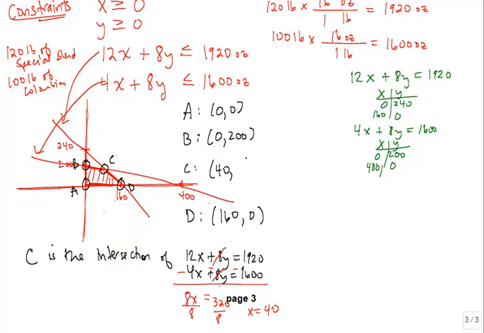Now to find the y value, just take that 40 and plug it back into any of these two equations. So 40 is an x, so 4 times x would be 4 times 40, plus 8y equals 1600. So we get 160 plus 8y equals 1600. Subtract 160 to the other side.